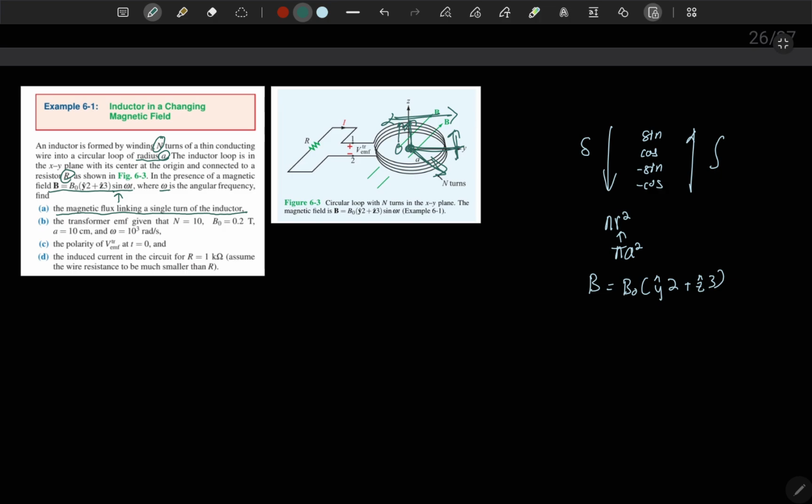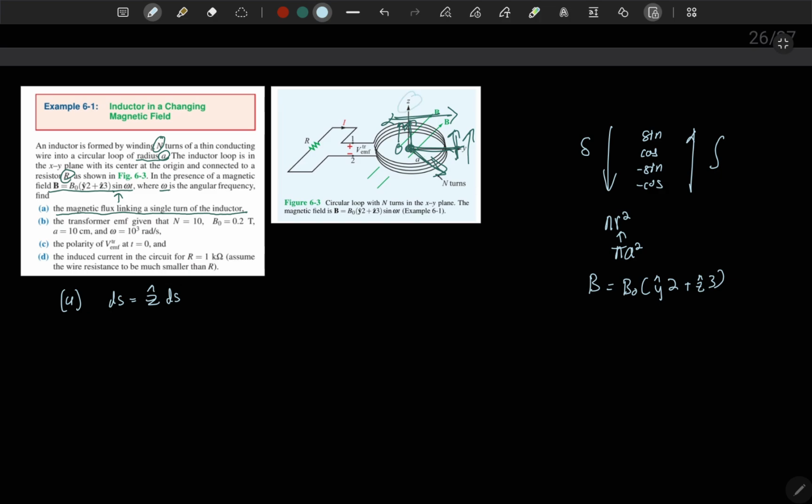So the magnetic field depends on z. Okay, now let us do question A. For A, we know that the differential is in z, because the displacement of the coil is in the z vector.